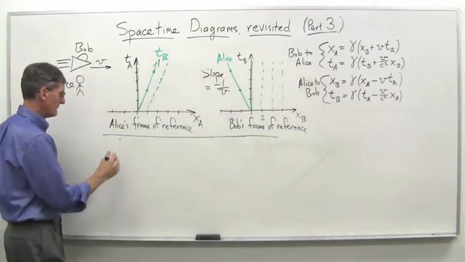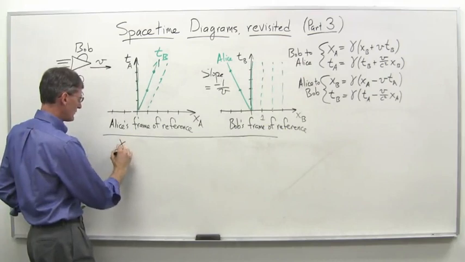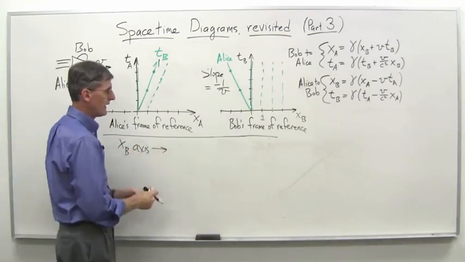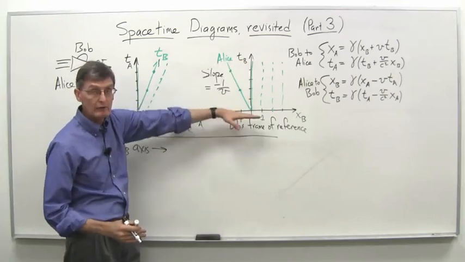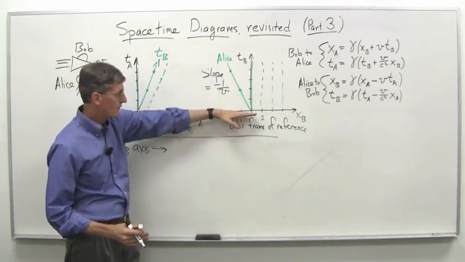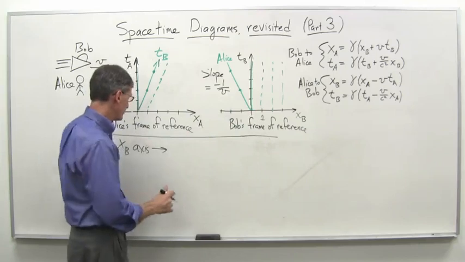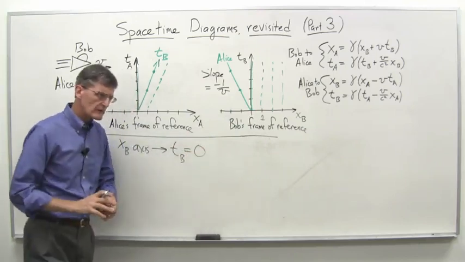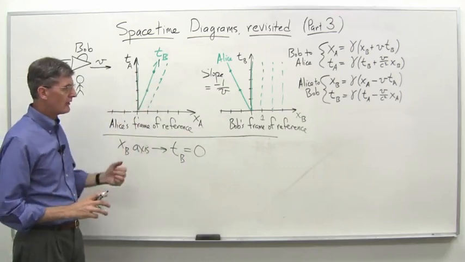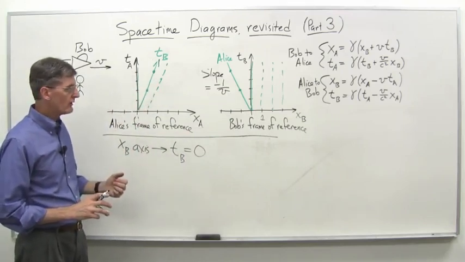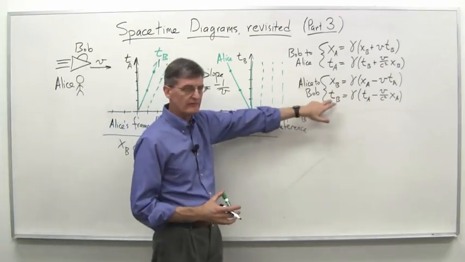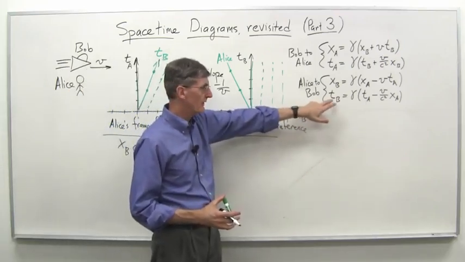So we want the xb axis here. And the xb axis, of course, is when tb equals 0. Times t sub b equals 0. If we look at our equations over here, we can use different ones, but this one in particular is a nice one to use because we've got the tb all by itself.